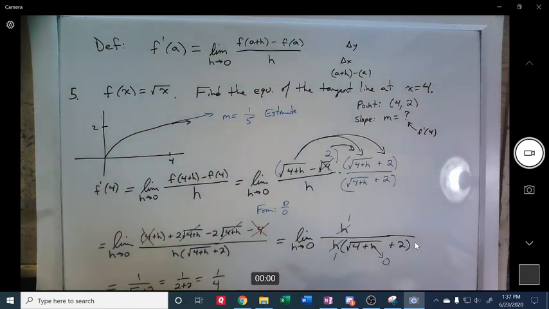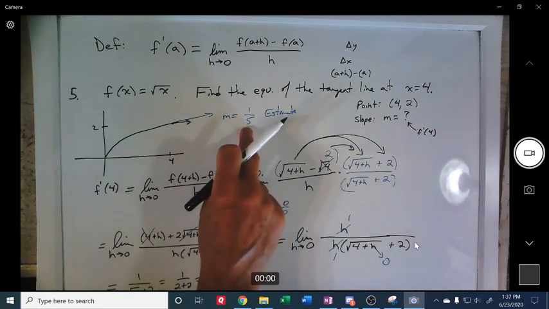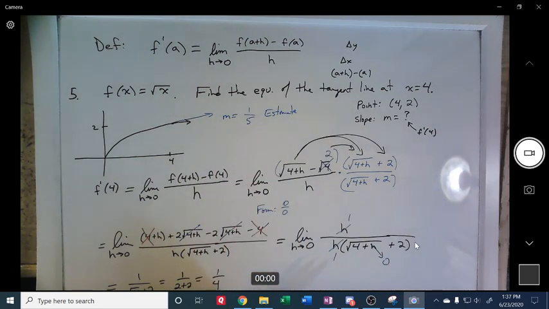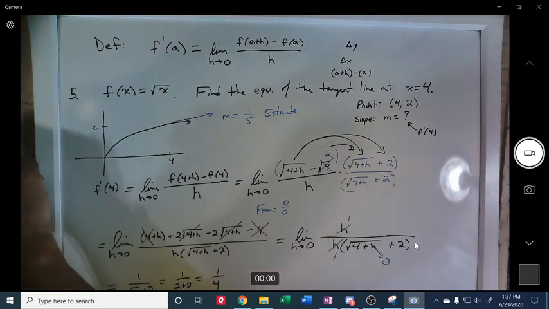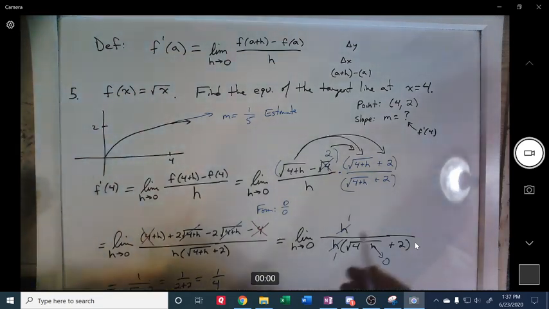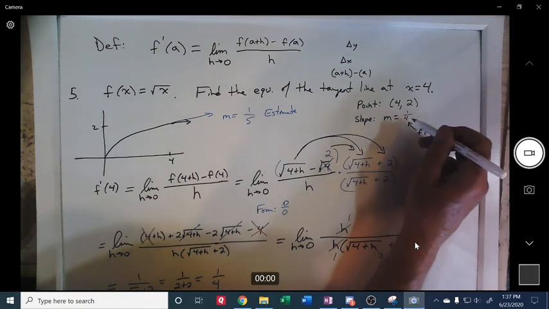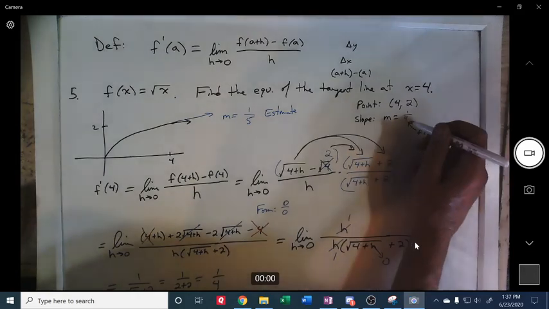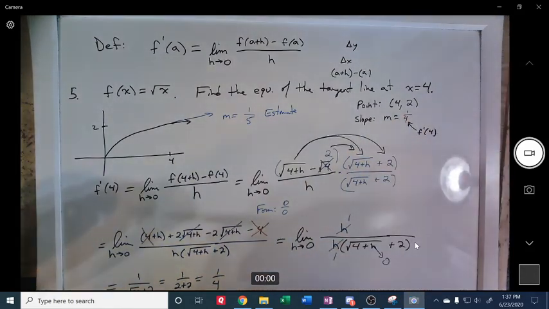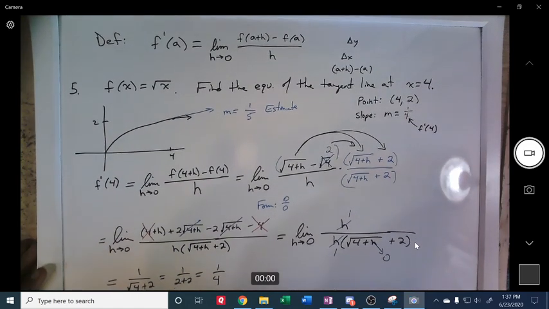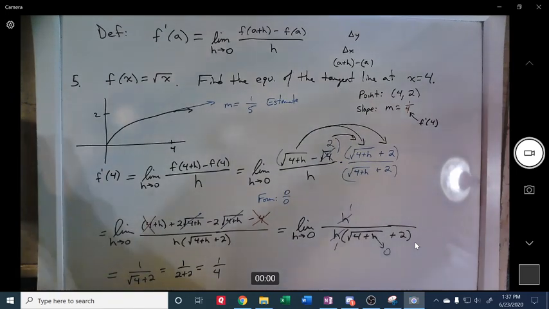So, what did I estimate? 1/5. But what did I actually get? 1/4. Pretty good. So, we come back over to here. We put in 1/4. So now I have, let me take a picture.